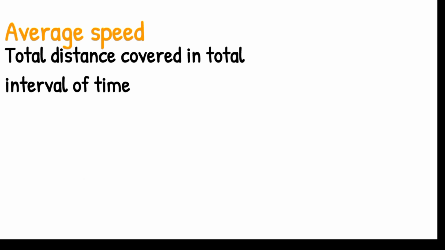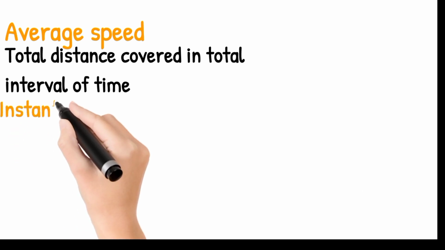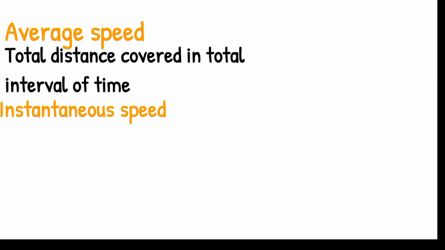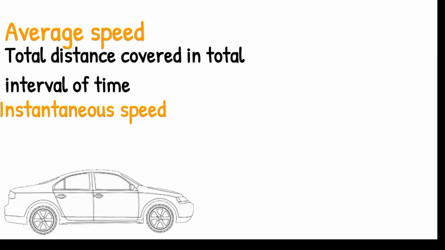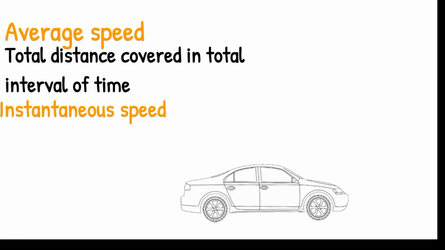Now finally, let me teach you what is instantaneous speed. Well, for example, you and your friend are going in a car and at different points your speed is different. I mean, at some point your car speed is low and at some point your car speed is high. Well, if suddenly your friend asks you what is the speed of the car right now and you reply to him that it is 20 meter per second.